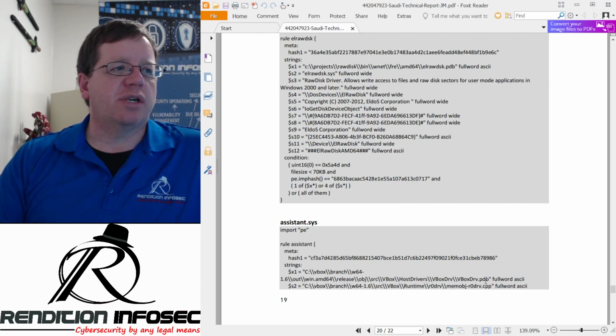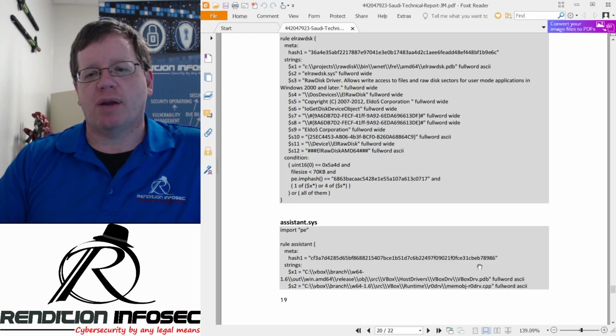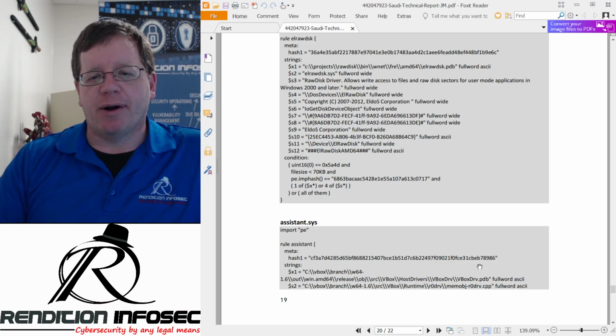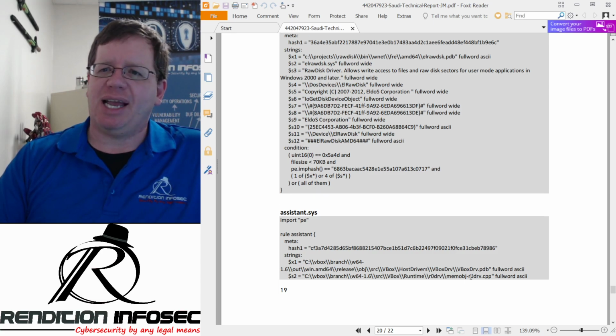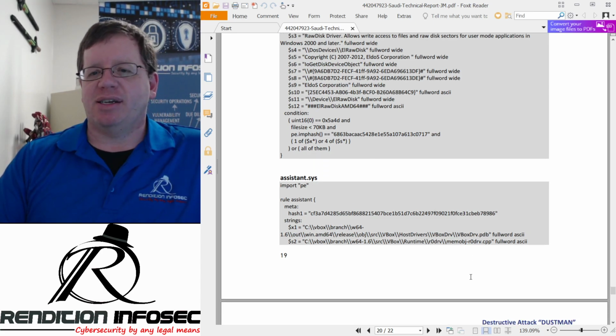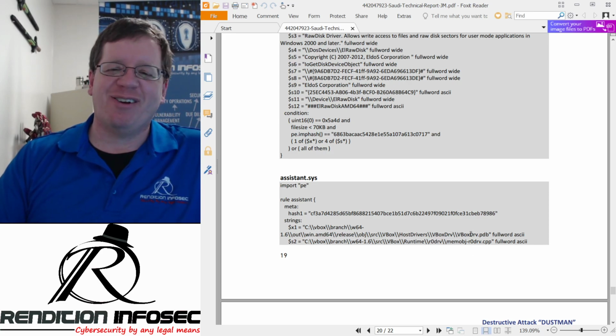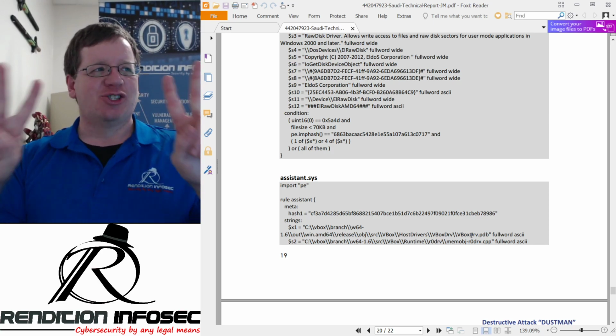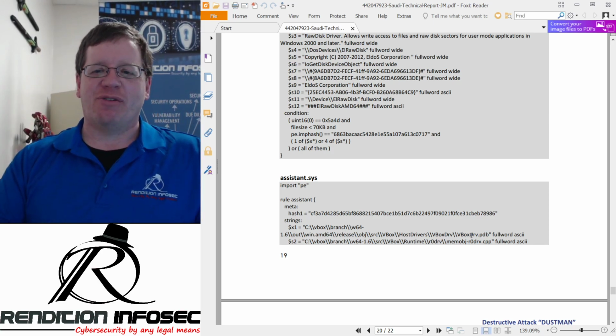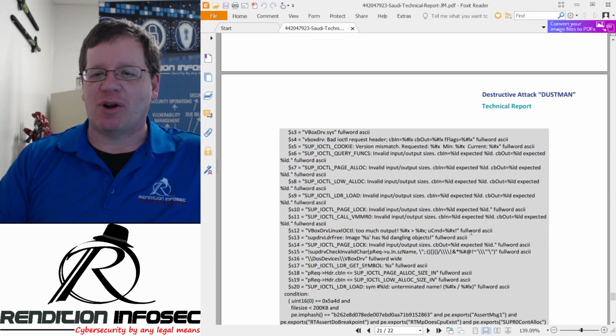PDB, for those that don't know, is the program debug file, and so you can see here that string still appears in that assistant.sys. It's really odd to me that they include all the details about what it is, but keep referring to it as, quote, just a generic third-party device driver kind of thing. But hey, whatever, rock on.